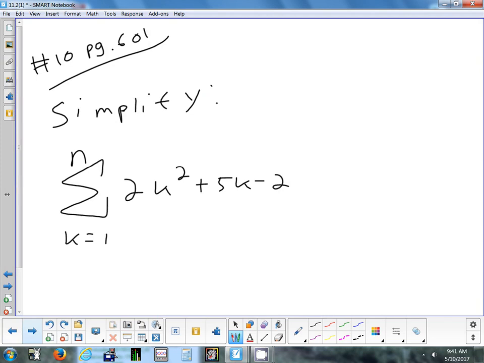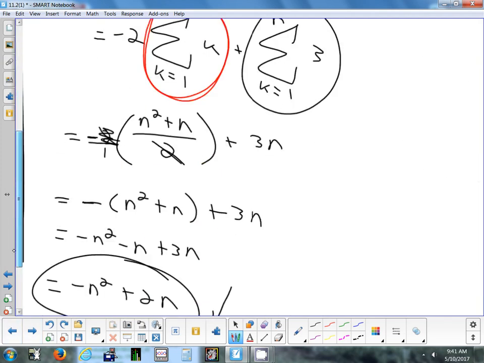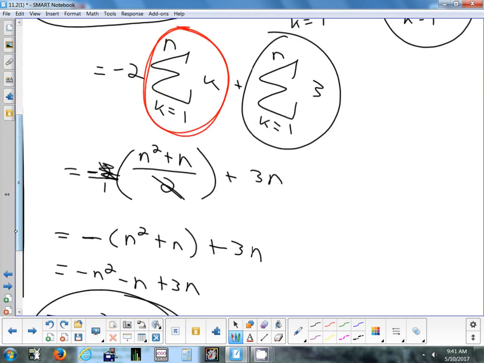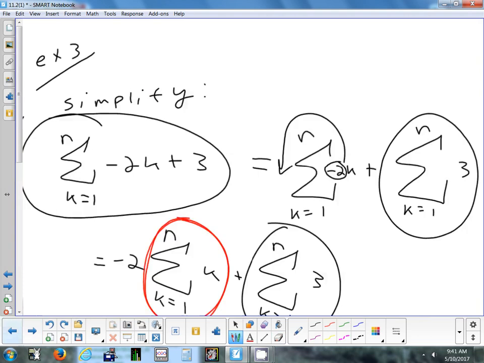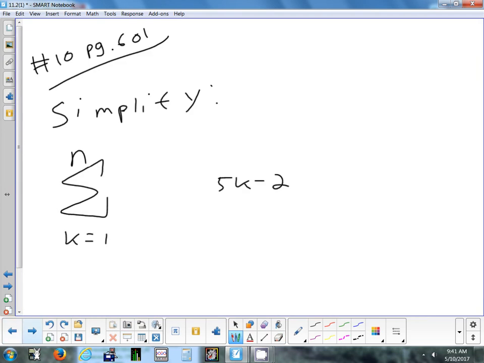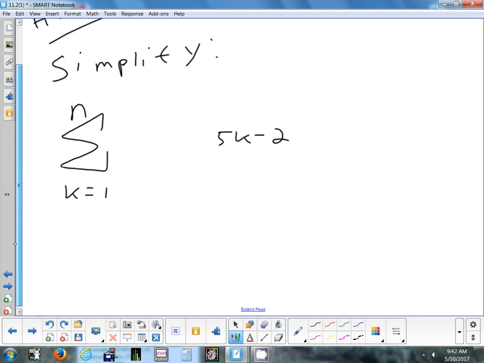I think we need to see another one of those. If I did it, I would probably do it without that term. So 5k minus 2, negative 2k plus 3, it would be almost identical, except you'd be distributing a 5 instead of what we had before, a negative 2.